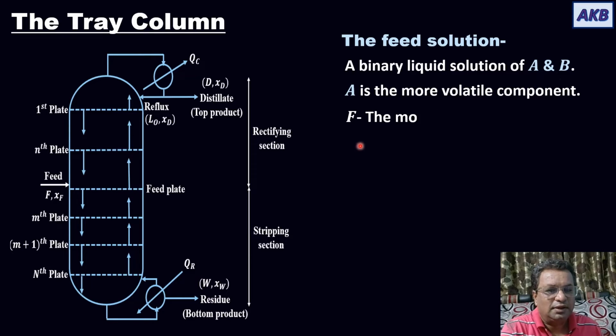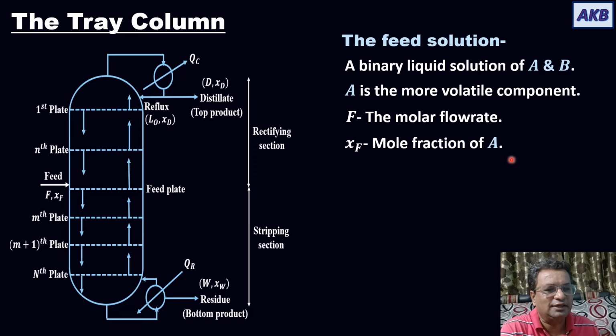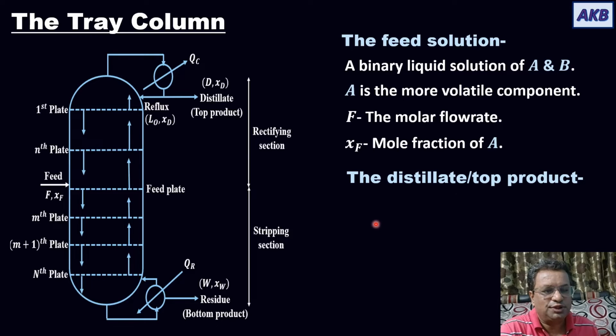Okay. Then F is the molar flow rate for the feed stream. XF is the mole fraction of A in the feed, that is the mole fraction of the more volatile component in the feed. Then if you talk about the distillate or the top product, D is its molar flow rate.